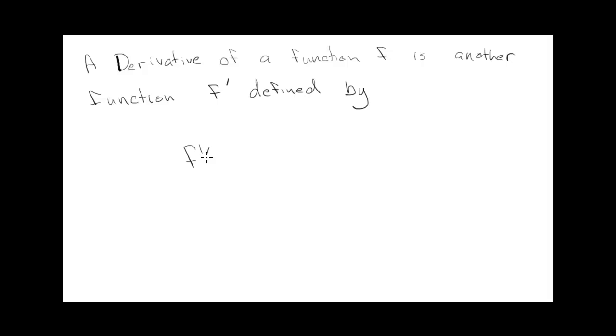f prime at x is equal to the limit as h goes to 0, and it's just that definition we had. But now we want it as a function of x, so we do it at the point x.